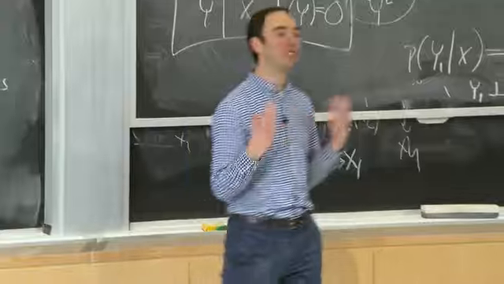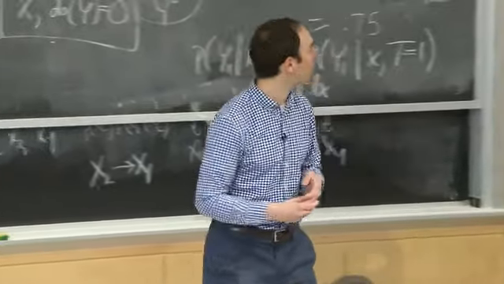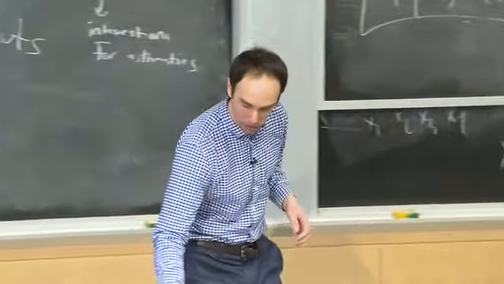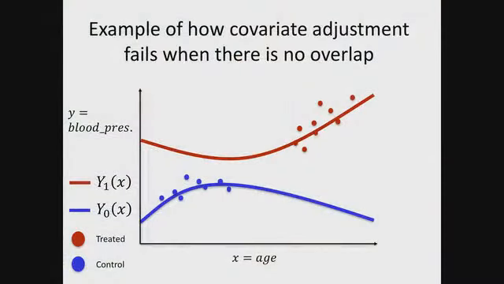If you think back to this figure I showed you here, if the true potential outcome functions are these quadratic functions, and you're fitting them with a linear function, then no matter how much data you have, you're always going to get wrong estimates. So that type of consistency argument really requires that you're considering more and more complex nonlinearity as your amount of data grows.